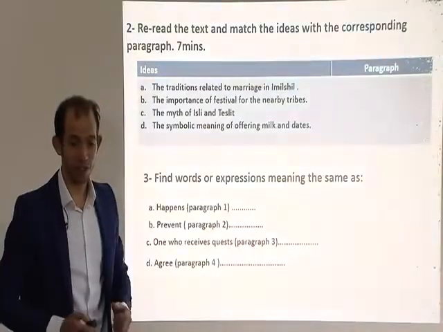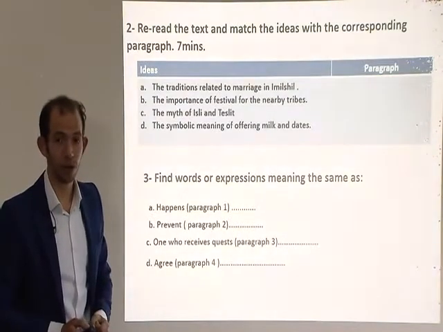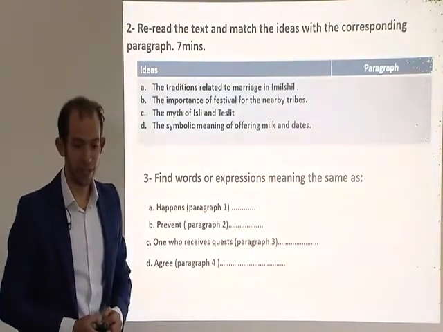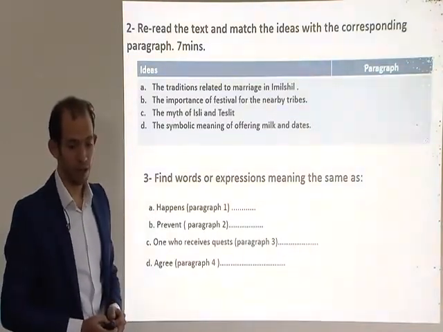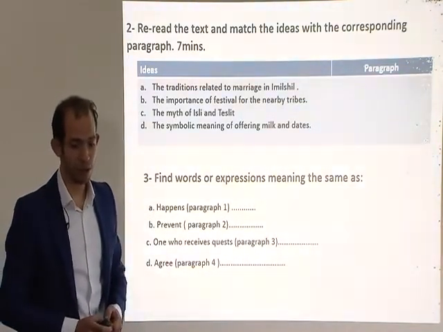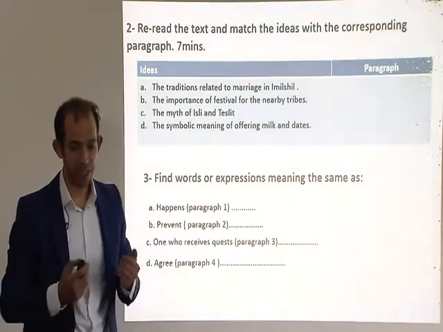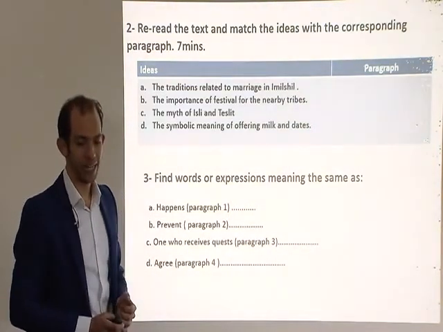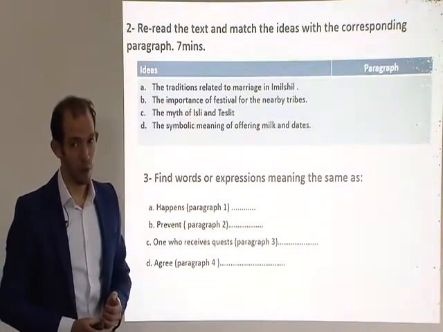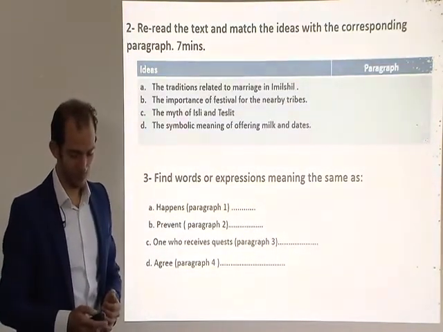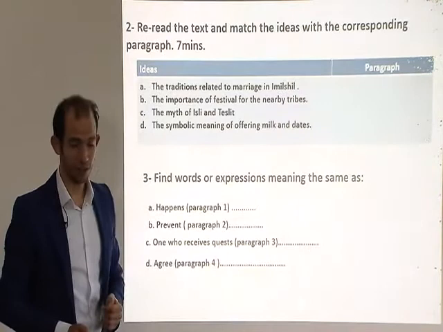So the next task is to find words or expressions meaning the same as: happens in paragraph number 1, prevent in paragraph number 2, one who receives guests in paragraph number 3, and agree in paragraph number 4. So I suggest you have done all the exercises.